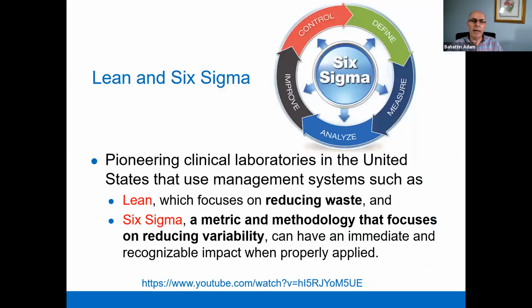Now, Lean and Six Sigma are two methods of quality control that we implement in the laboratory. These are pioneering clinical laboratories in the United States that use management systems such as Lean and Six Sigma.